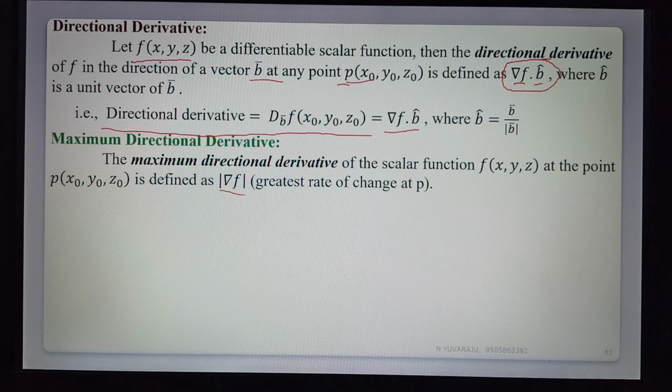So next definition, angle between two surfaces.